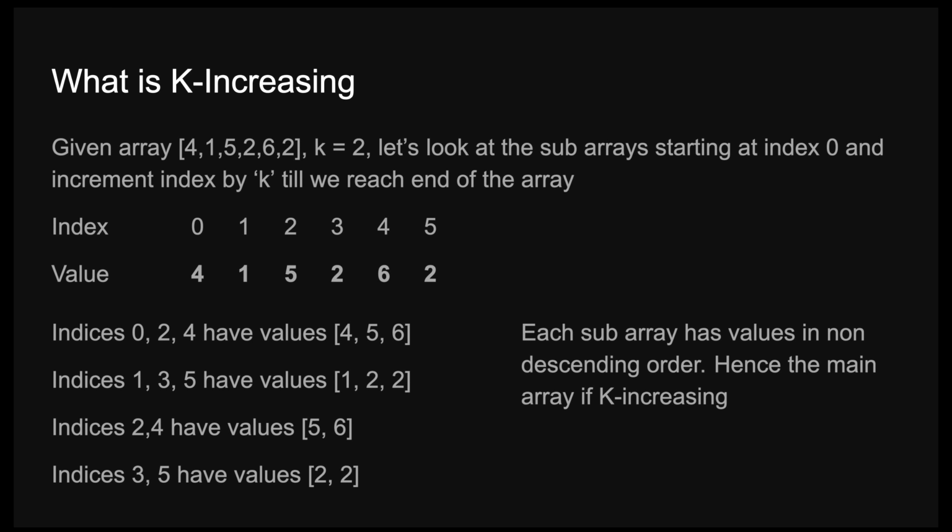So if we start at index 0, the indices are 0 to 4 and they have the values 4, 5, 6 and this array is in increasing order or non-descending order. If we start at index 1, the indices are 1, 3 and 5 and the values are 1, 2 and 2, again non-descending order. Similarly, for the remaining indices, we can see that the values are in non-descending order.